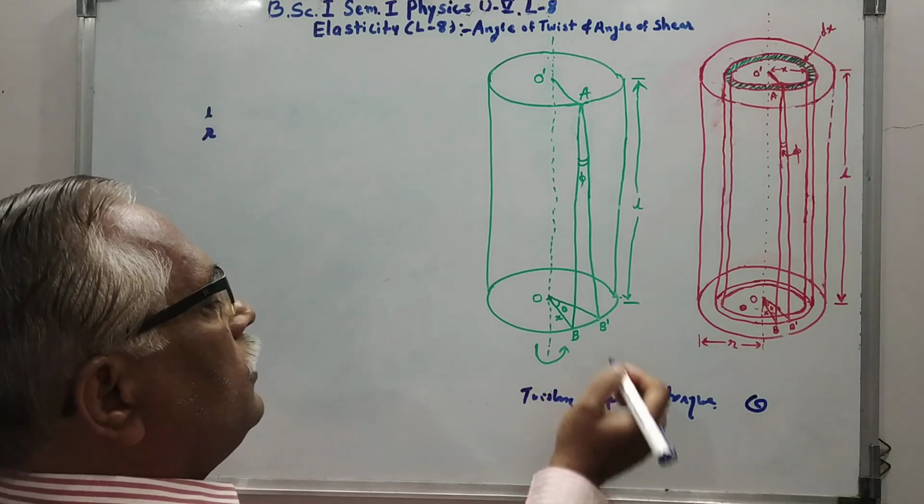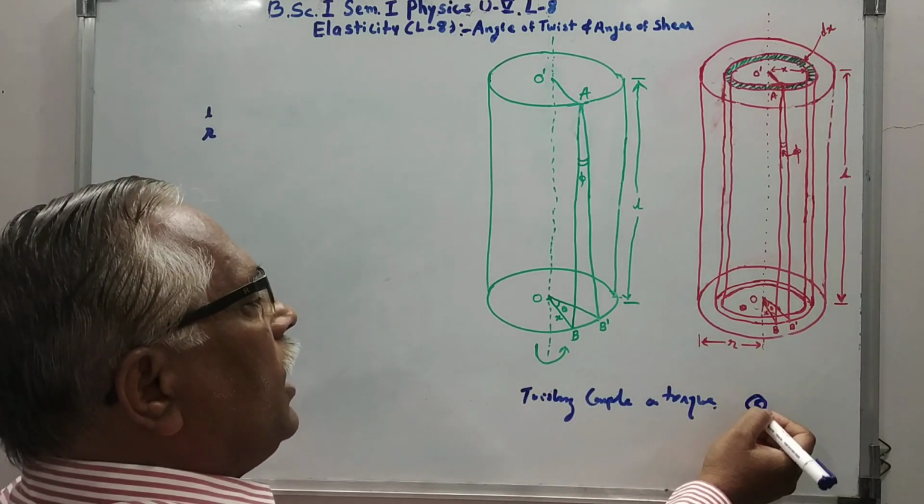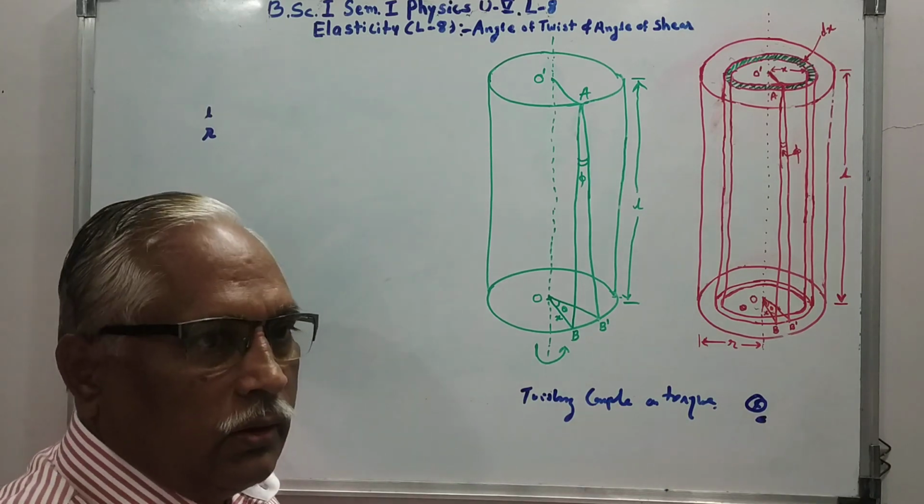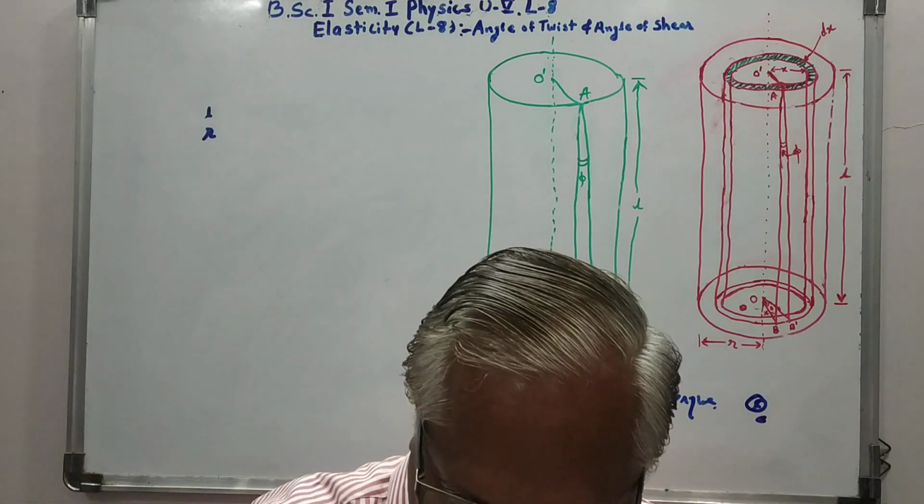Here, say the angle is theta, and this angle theta is called the angle of twist.